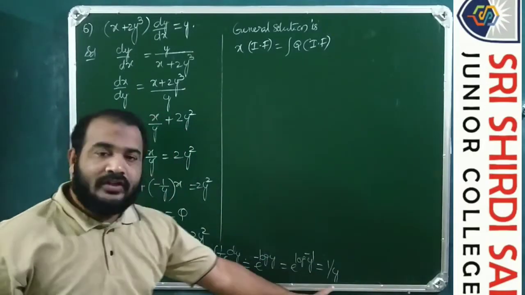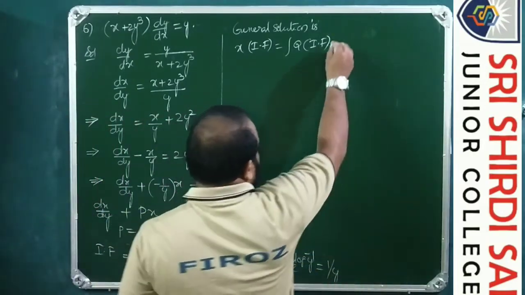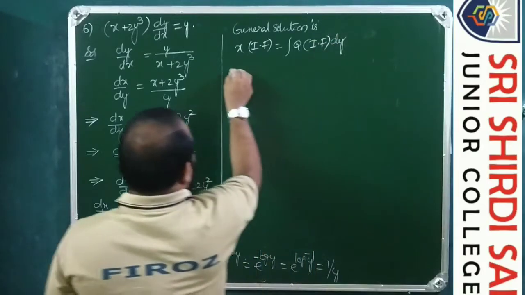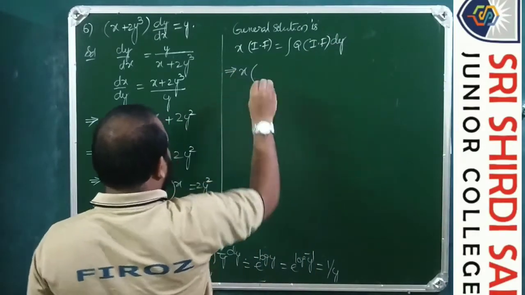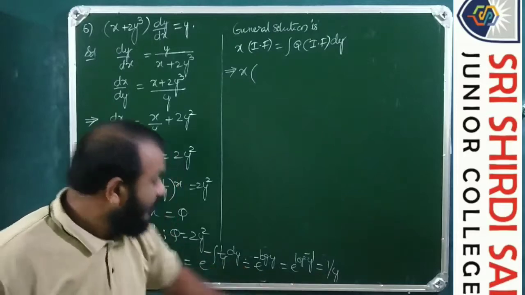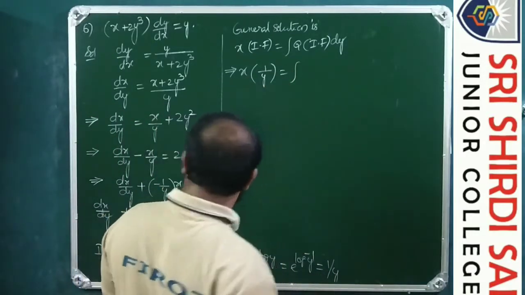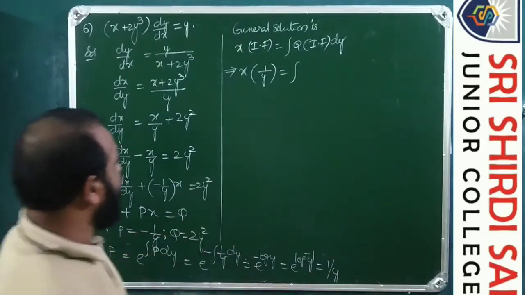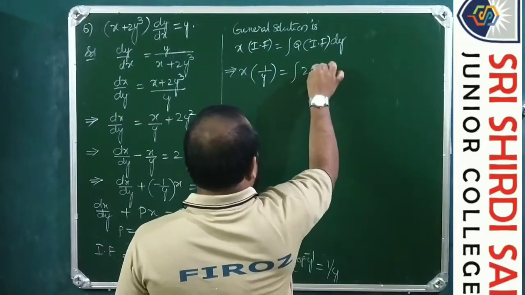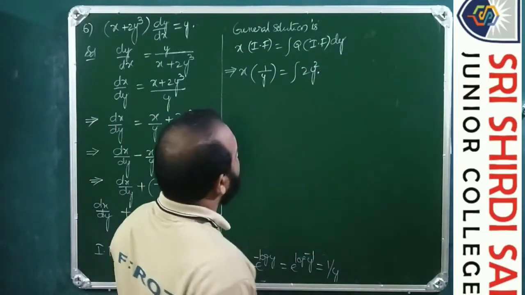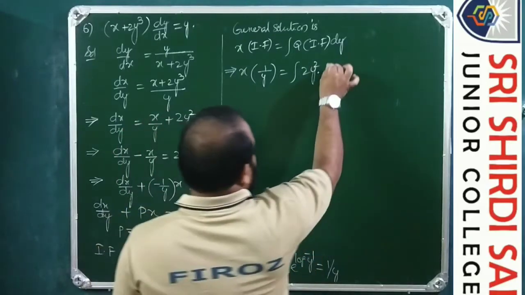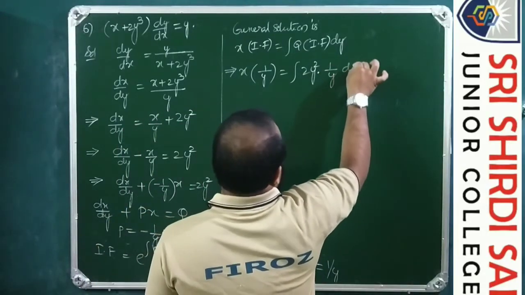So x into integral factor 1 by y is equals to q, 2y square, into integral factor 1 by y dy.